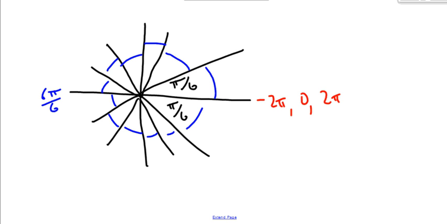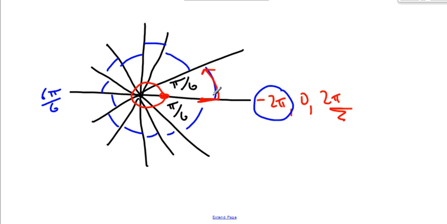So let's go back to where we said we need to start looking, and that's at negative 2 pi. So we're going to start here, go backwards by 2 pi, and then start rotating. Right now I'm at negative 2 pi. Every time I tick forwards towards my goal, I'm taking pi over 6 off.